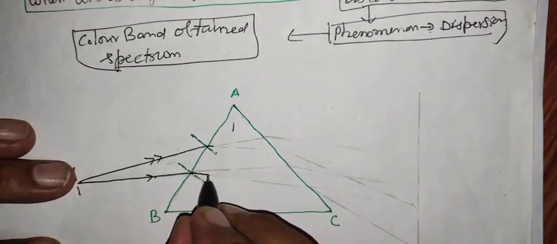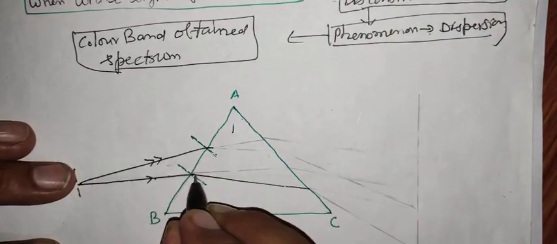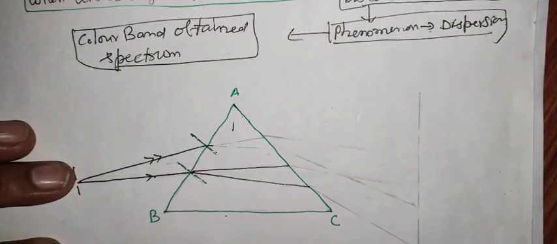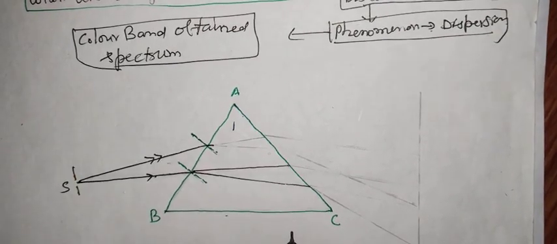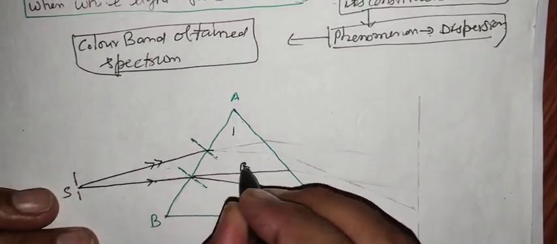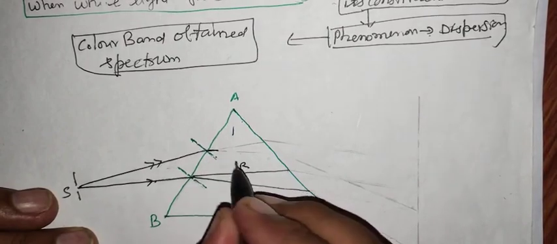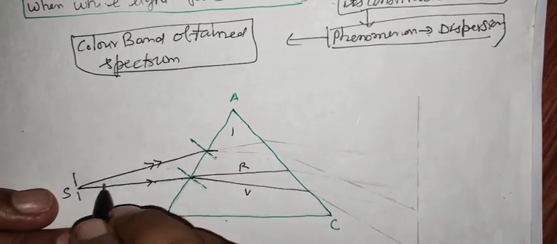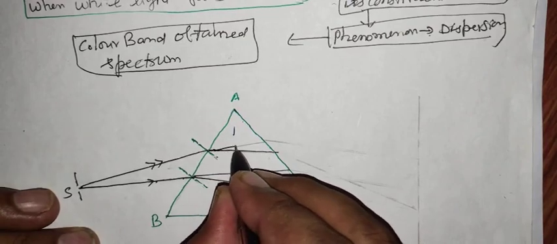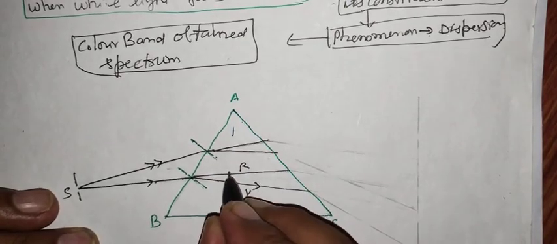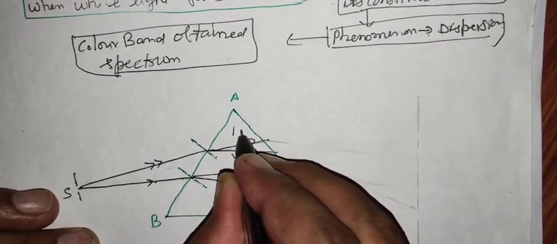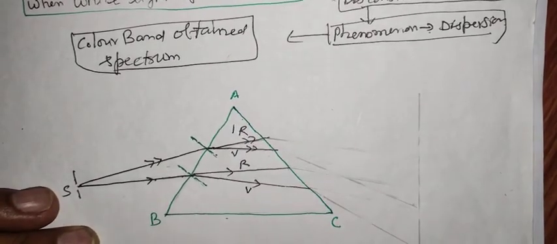Let us see the first ray. This division is from violet to red, and it happens from here for all rays of light here. Let's see the last end color. It was first, second, from violet to red.